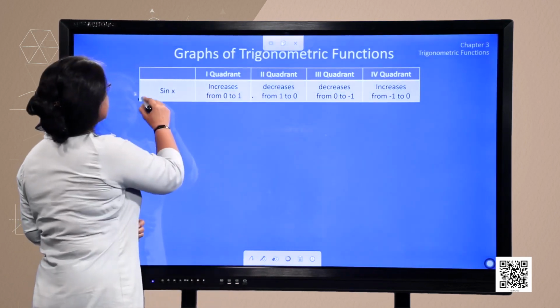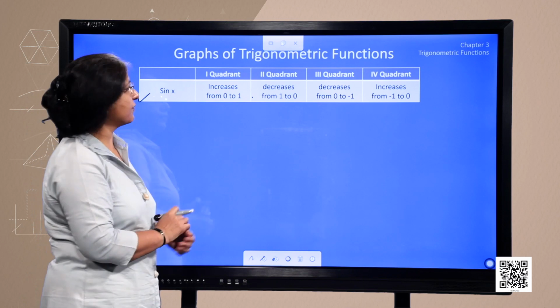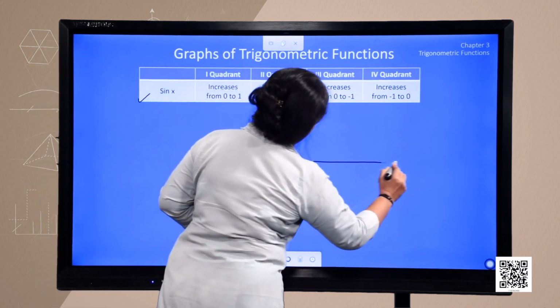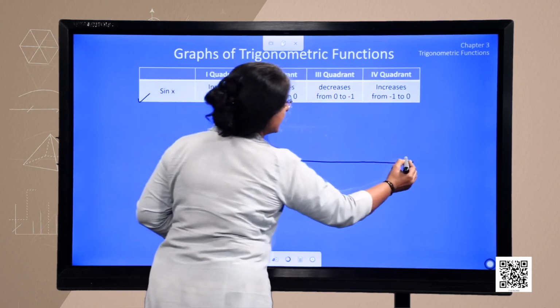Now, specifically for sine, if we draw a graph according to this, see here, this is a real number line.